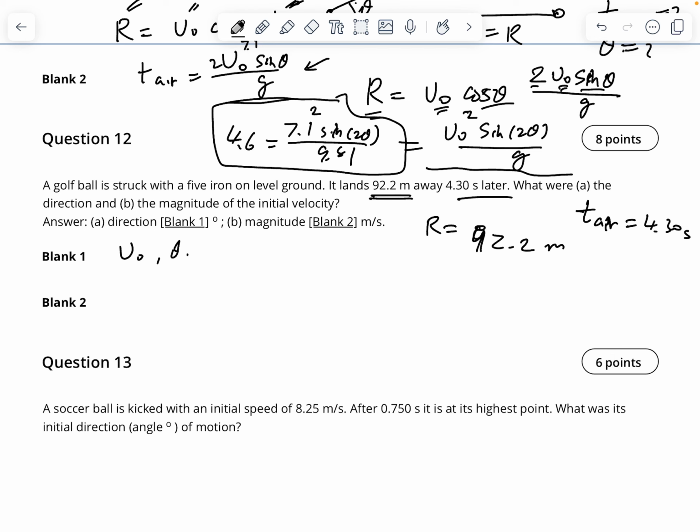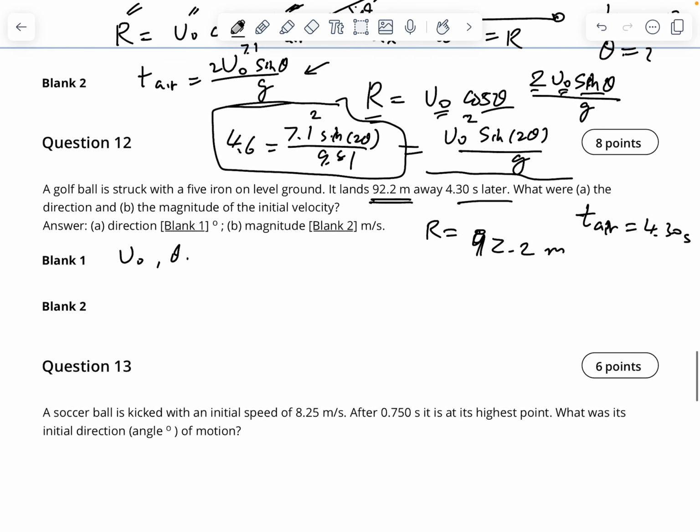So we can just use the equation directly, right?